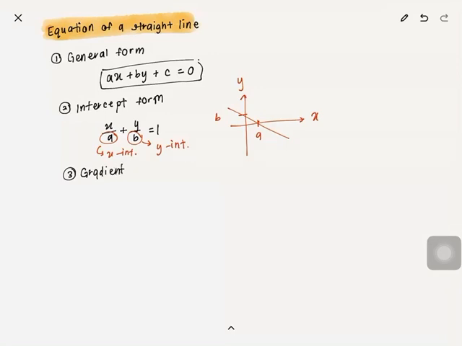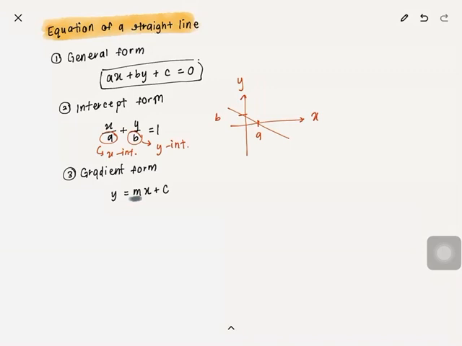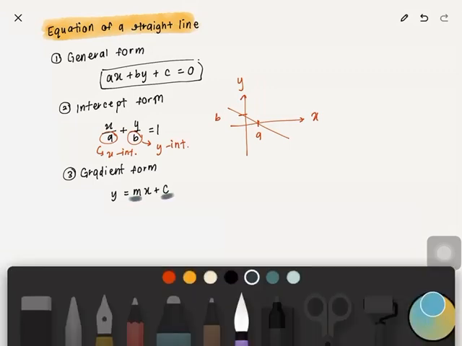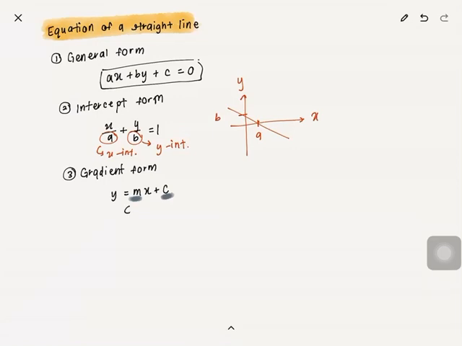And the third form is the gradient form. This is another popular type of equation of a straight line. So the gradient form is y equals mx plus c. In this case, m will be the gradient and c will be the y-intercept.